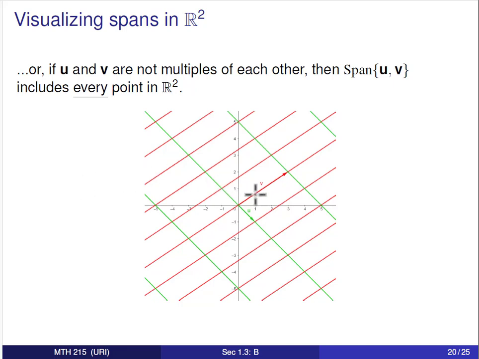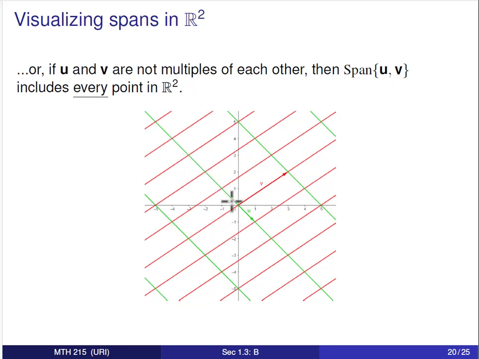And to see that, let's take a quick look at what we've got here. I have drawn the vector v, which is (3, 2), and the span of v is all of the points on this line. The vector u, I'm taking to be the vector (1, -1), and the span of all of its points is on this line.